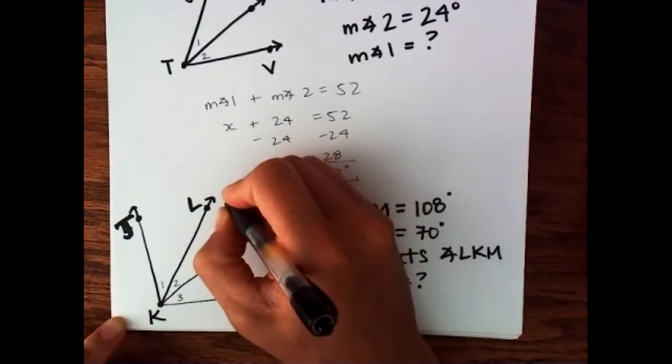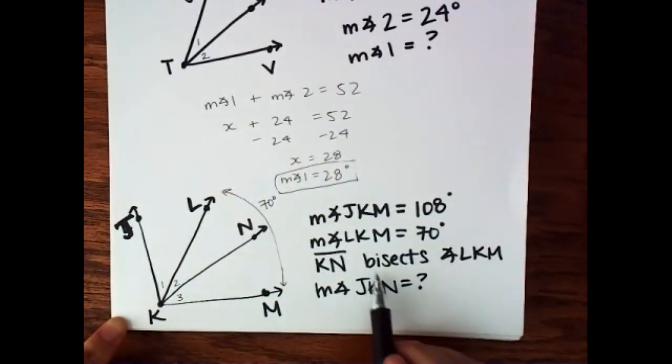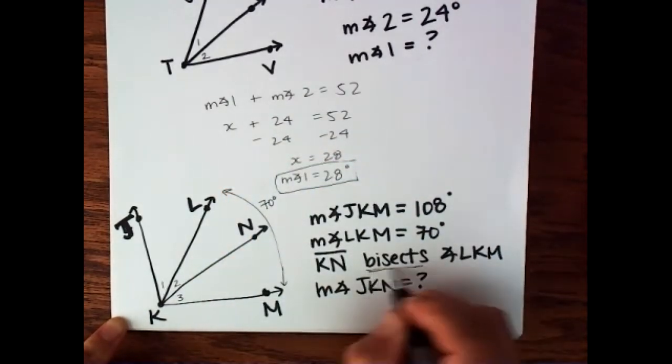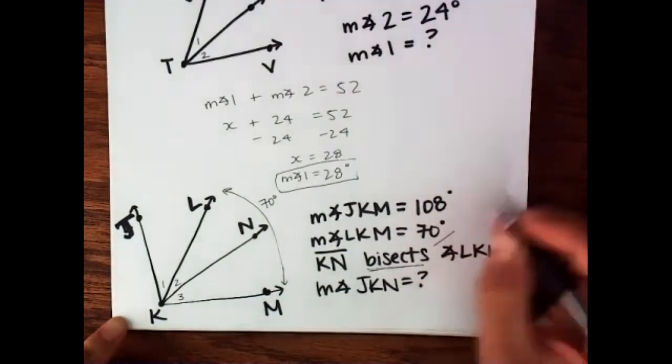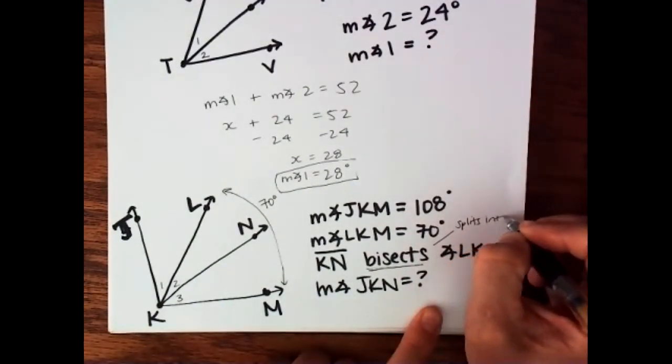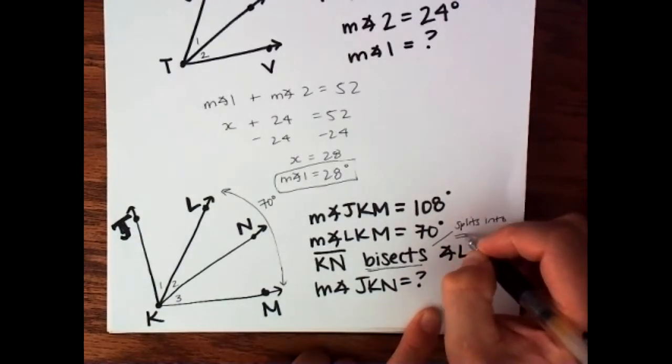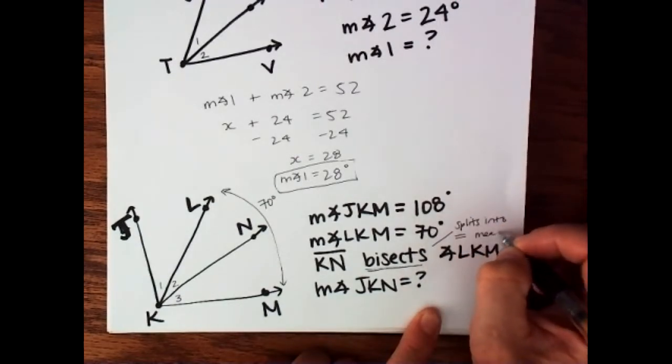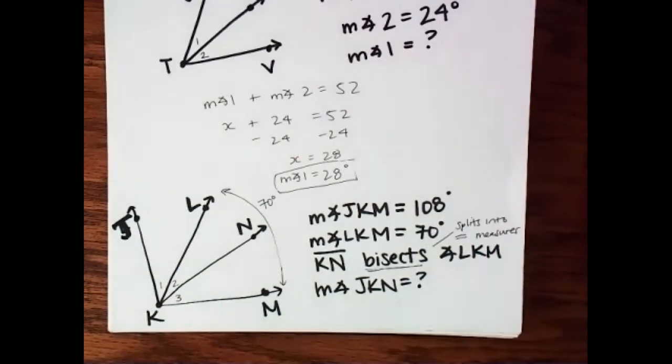So we actually have an angle bisector, and it's actually represented by segment KN. When you have an angle bisector, it splits those two angles into equal values or equal degrees. So now you can say, okay, so there's an angle bisector and it splits LKM.